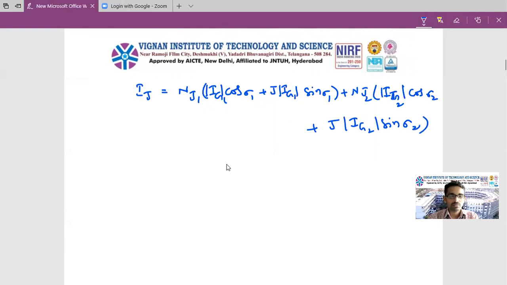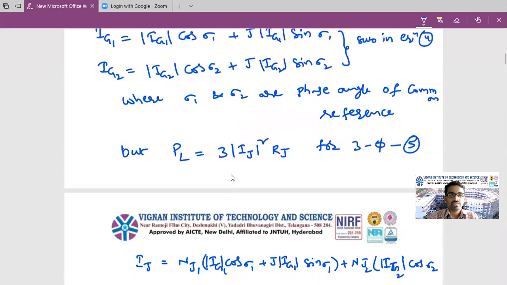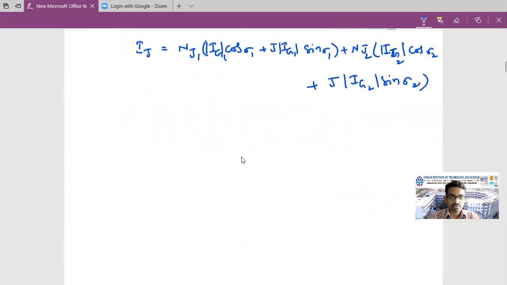So I have substituted the Ig1 and Ig2 values in the equation. Then substitute this in place of Ij square. PL is equal to what? First calculate Ij square, and then you can substitute it later. First write Ij square.